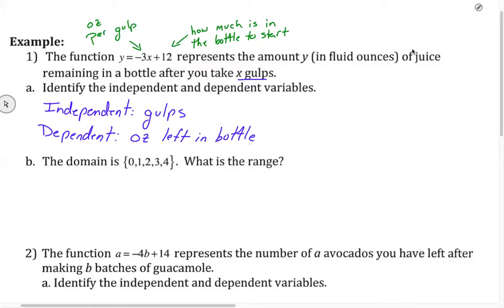No, there could be more than 5. Maddie, why can we only have the domain of 0, 1, 2, 3, 4? There's not enough drink in the cup. How did we know to stop at 4 though?